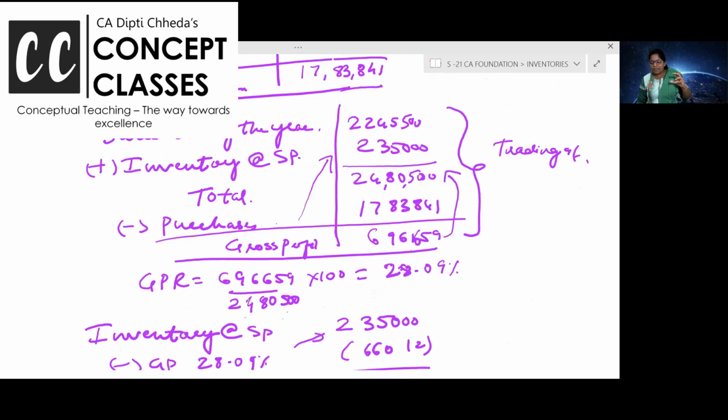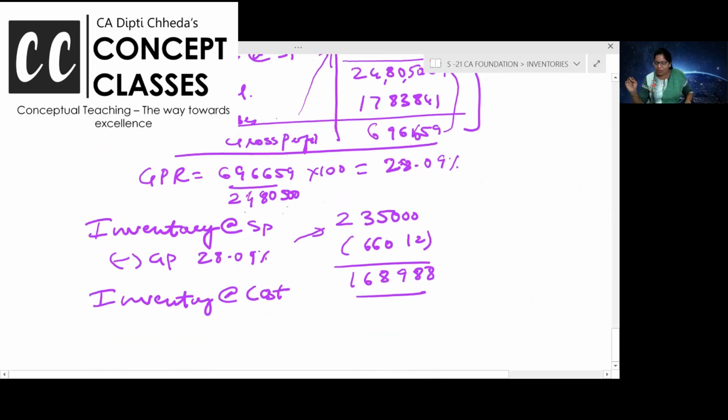Now what we did, total purchases is sold. Actually, everything is not sold. 2245 sold, remaining is inventory. But suppose that is also sold at selling price. So if the whole purchase is sold, you get the GP. You get the percentage. Now, inventory is there at selling price minus the GP, you get inventory at cost.